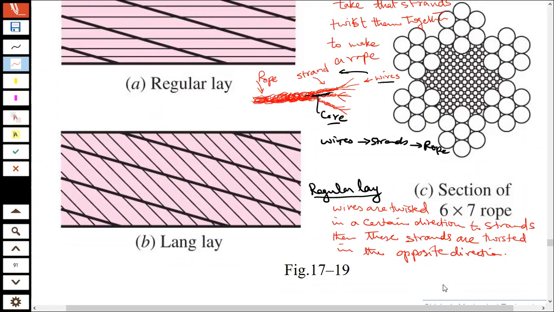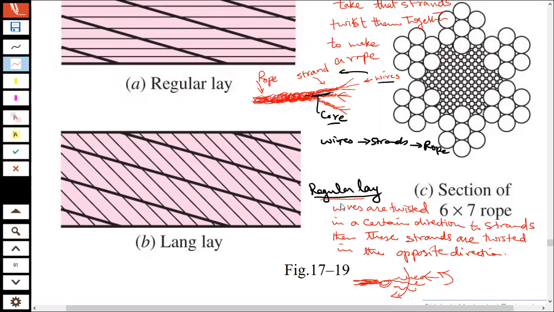For example, if you twist wires in this direction and make strands, then you will take these multiple strands and twist them in this direction to make a rope. And this is regular because if you twist wires in one direction, they will have the tendency to twist in the opposite direction, and that is why we call these regular lay.